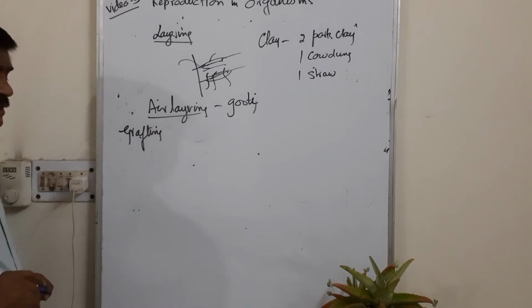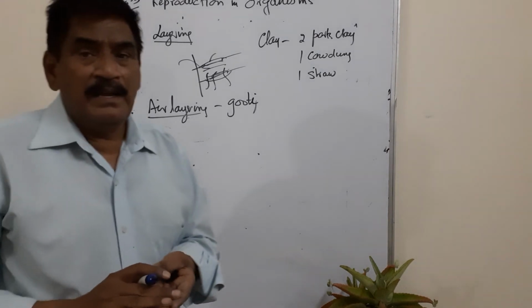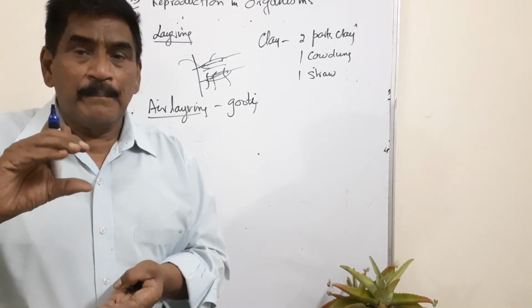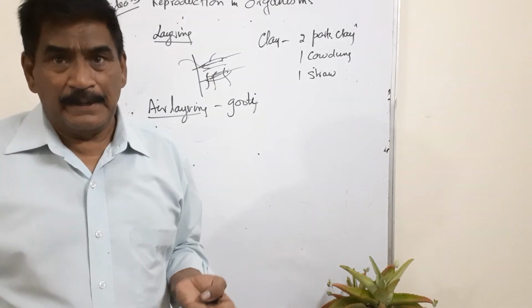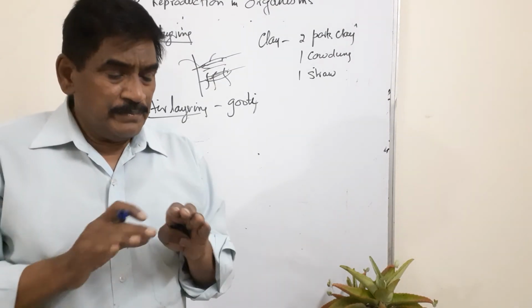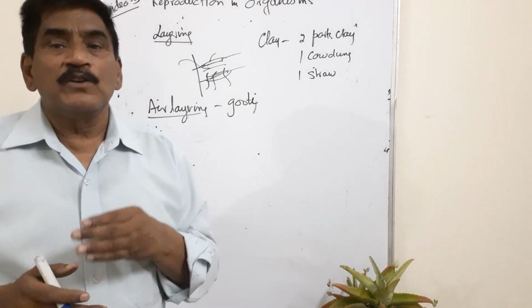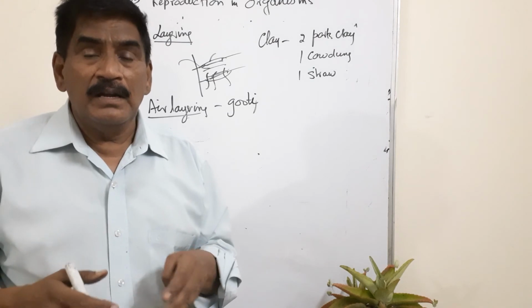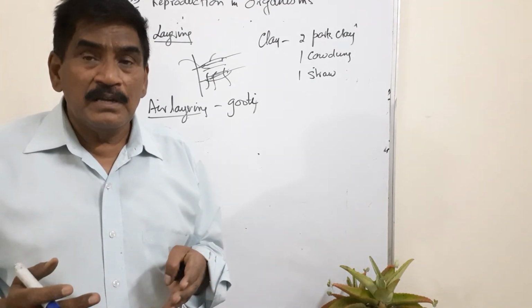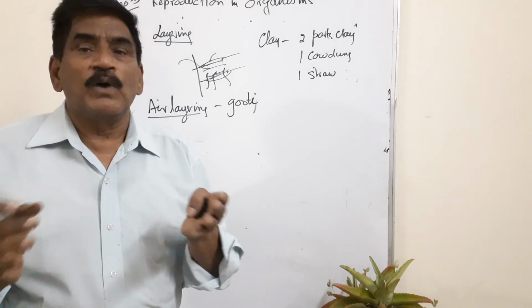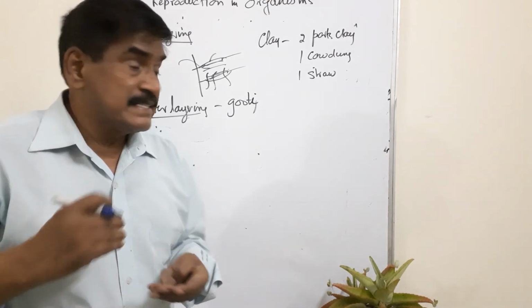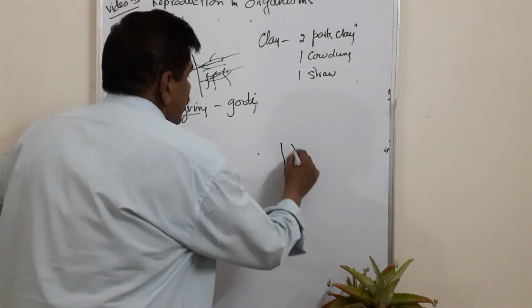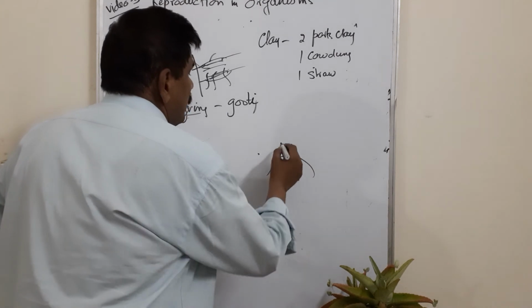Grafting means a part of a plant is joined with a part of another plant. Usually a plant which is not of good quality but is available in large amounts is used, on which a good quality plant is grafted. Suppose it's a general plant.